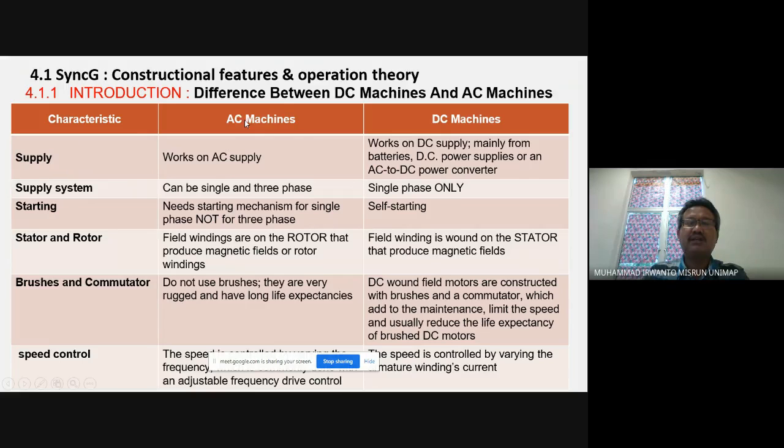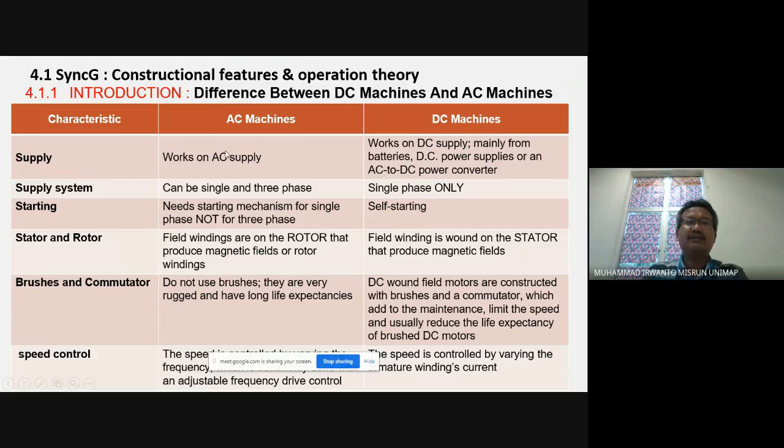The AC machine works on AC supply, meaning the AC motor is supplied by AC voltage, while the DC machine works from DC supply, mainly from a battery, DC power supply, or an AC to DC power converter.